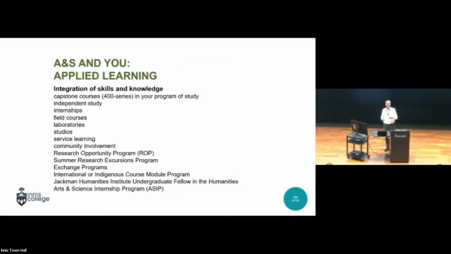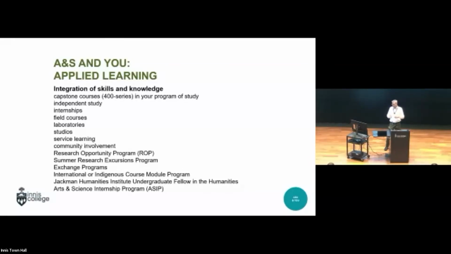Independent study are in 400, but in your final year, if you have an idea of a project within your department, you can approach your department and a prof and work on it with them for degree credit. We have internships, we have field courses in a lot of our life science programs, but also in some of our humanities programs. There's laboratories, of course, chemistry, biology, physics has labs.